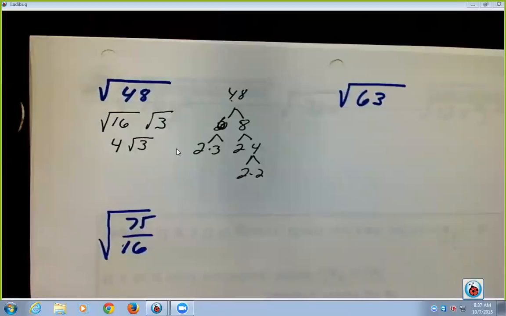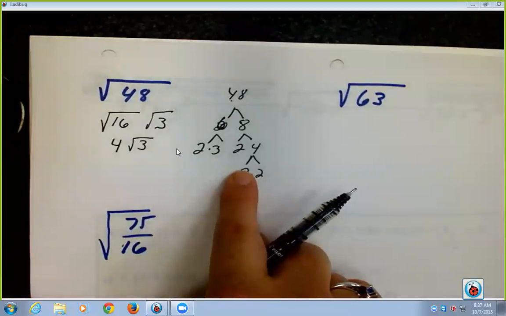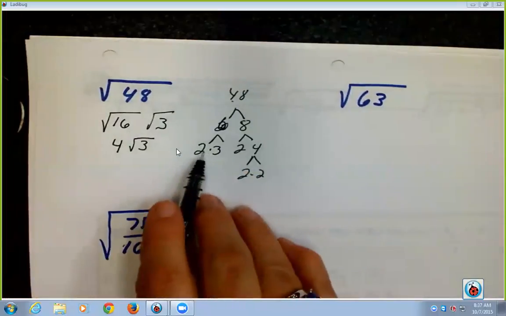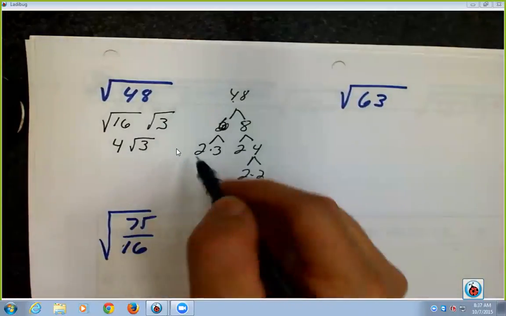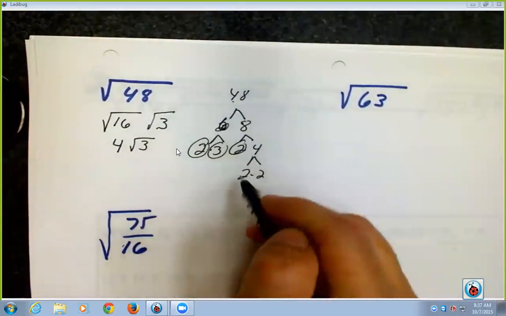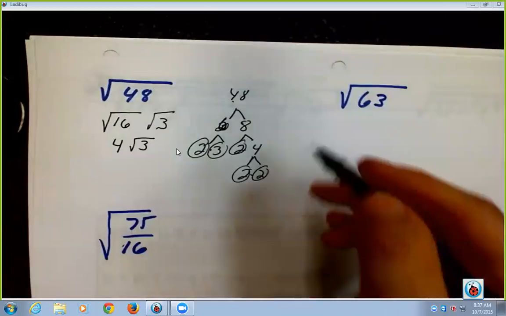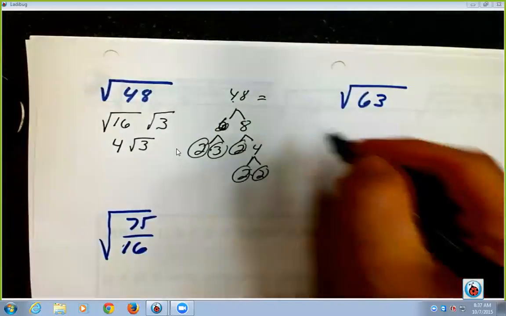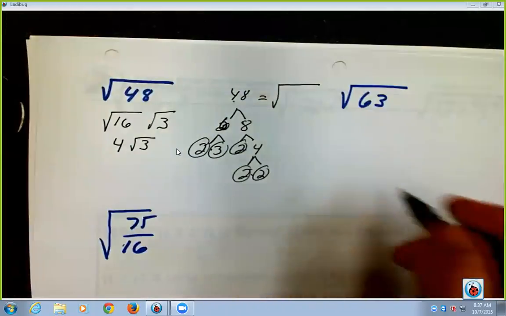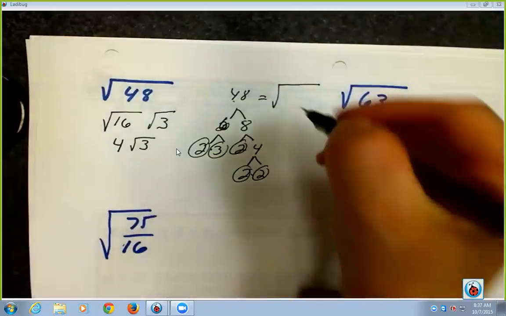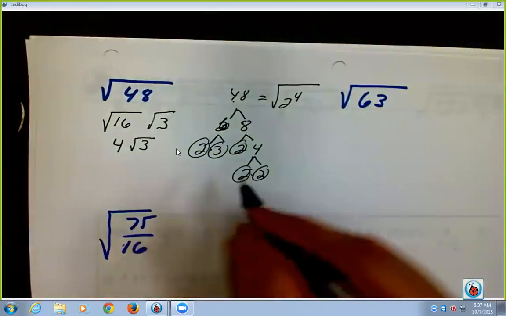So what I end up getting out of this when I break it to its prime factorizations is I start to see combinations. 2, 3, 2, 2, 2. Really, 48 is the square root of 4 2s times 3.